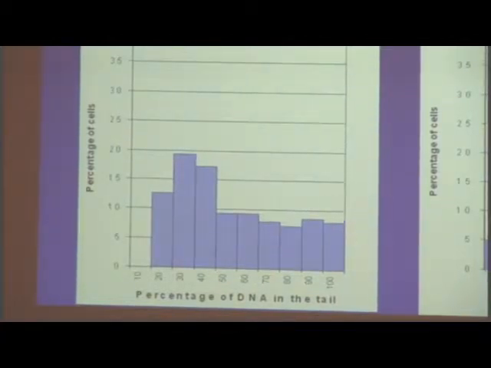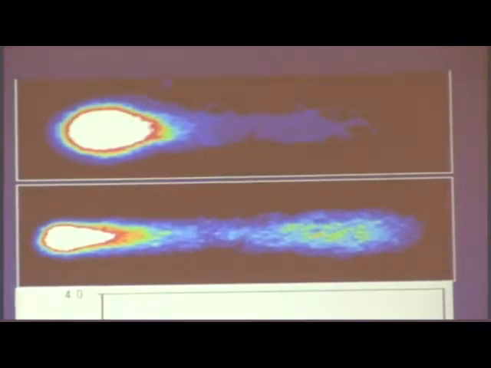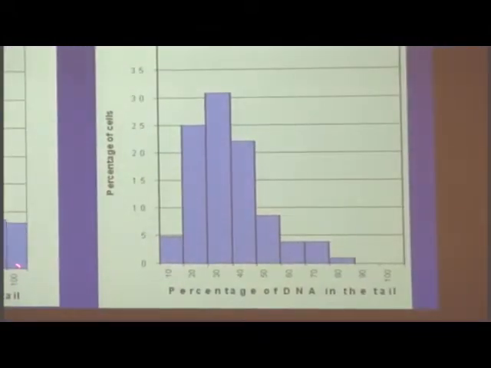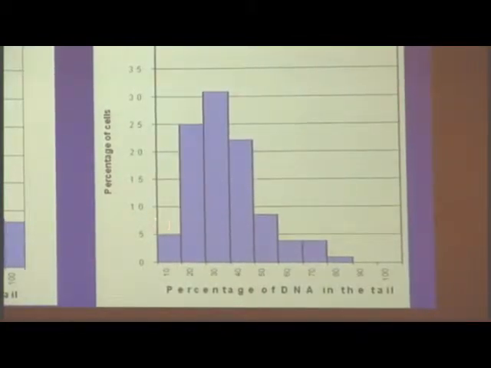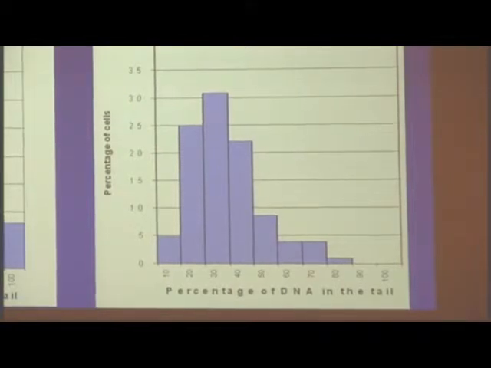Because it's not able to repair its DNA, it's going to die. Whereas the invasive cells, with the same amount of radiation, are able to repair their DNA. This is percentage of DNA in the tail. So if you have 100% of the DNA in the tail, that means everything is broken. This cell is not going to survive. Whereas if you have like 10% of the DNA in the tail, then the cell is able to repair.